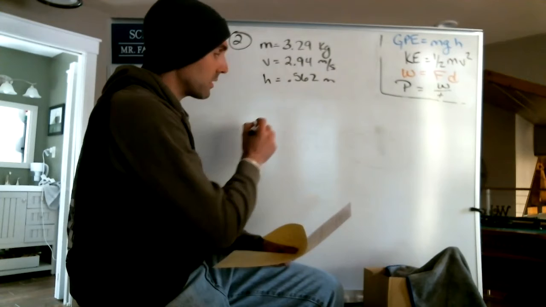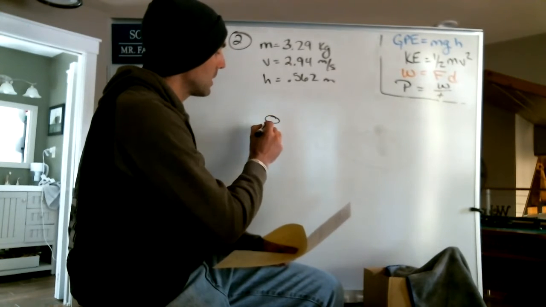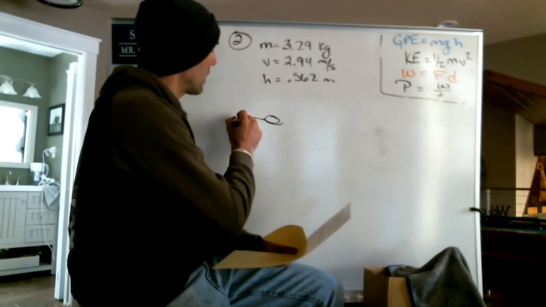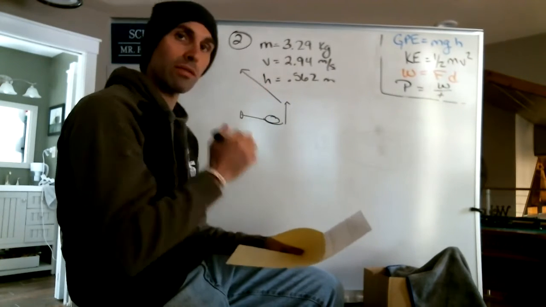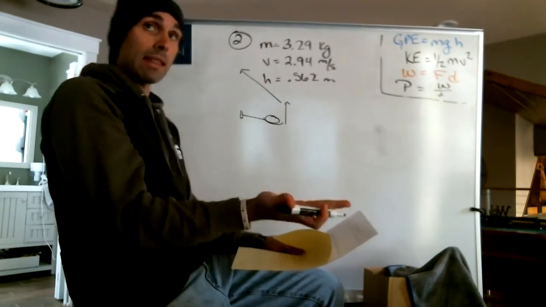And what's happening? Here's the pile, here's the shovel, right? It's being lifted and then thrown. So we have two parts to this: the part to lift and then the part to throw.